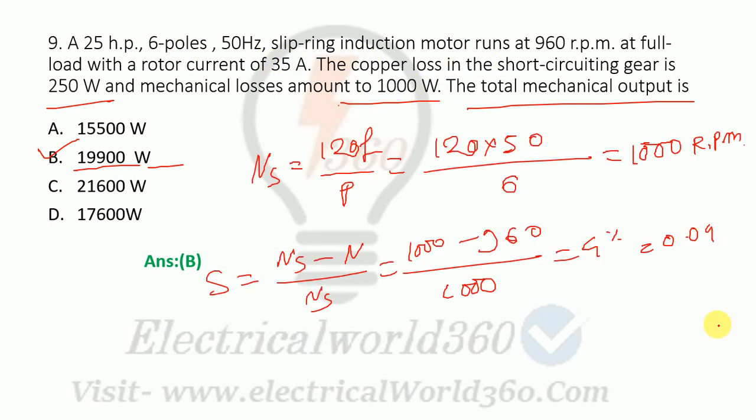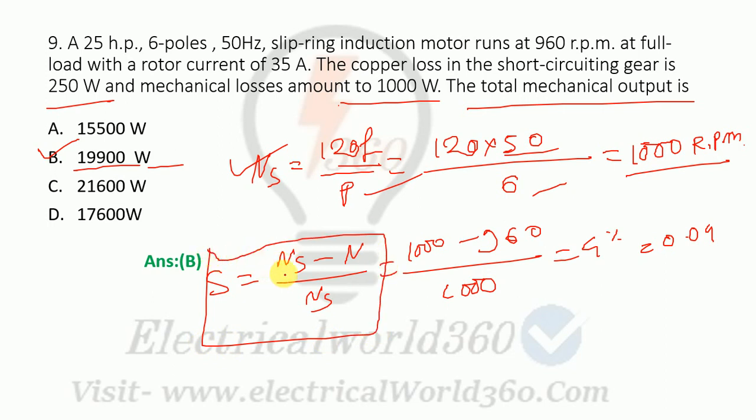So for slip we need to find out the synchronous speed first. As you know, 120 f by P, so here the frequency is 50 Hz and the number of poles is 6. So the synchronous speed will be 1000 rpm. So we need to find out the slip. So as you know, slip is equal to synchronous speed minus the rotating speed divided by the synchronous speed. So this is the synchronous speed and this is the rotating speed.